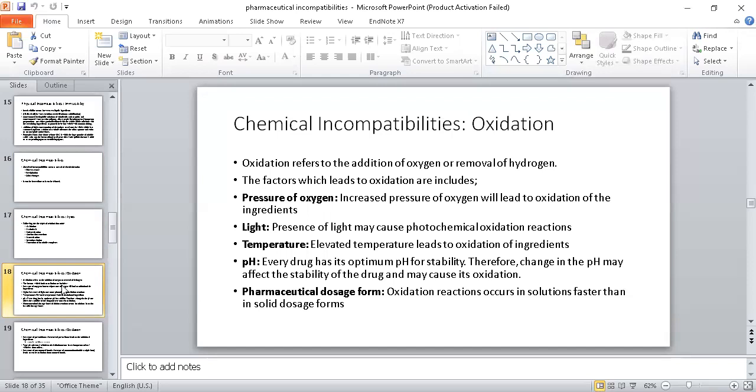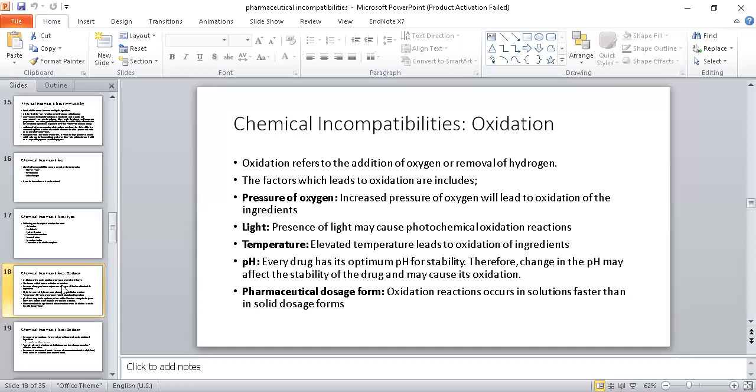Presence of light may cause photochemical oxidation reactions. Then temperature. Elevated temperature leads to oxidation of ingredients. Then pH. Every drug has its optimum pH for stability. Therefore, change in the pH may affect the stability of the drug and may cause its oxidation.